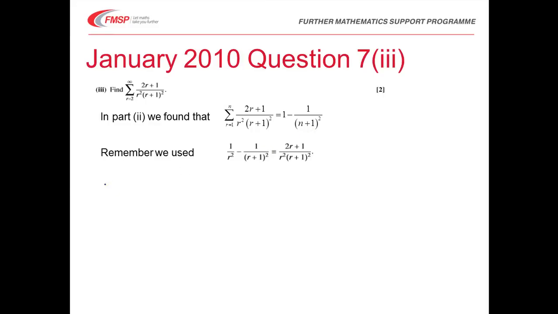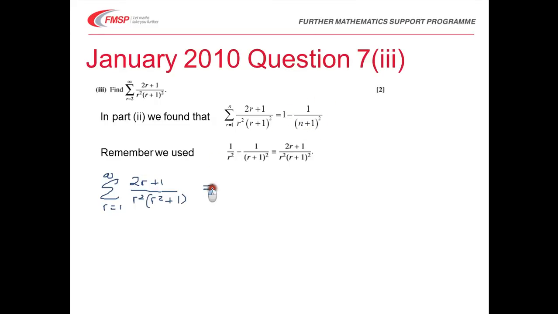So the first thing that we need to realise is that if we're going to sum this from r equals 1 to infinity, then as n tends to infinity, this term is going to tend to 0.